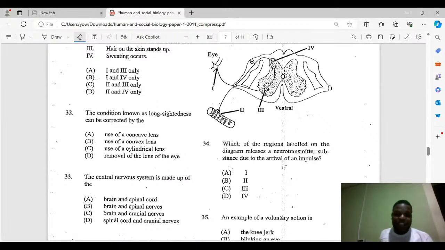It says which of the regions labeled on the diagram releases a neurotransmitter due to the arrival of an impulse. You can't guess. It's simple. The answer is in the question.